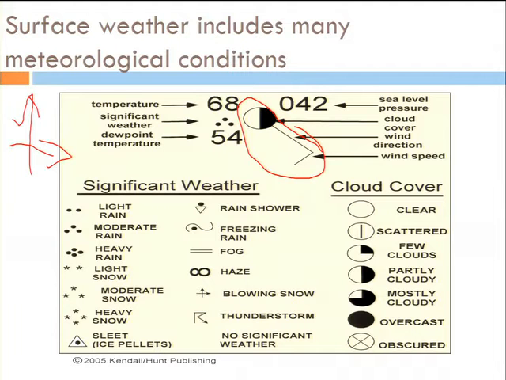What's going on in the circle is basically telling you what the sky cover is doing. So a half-filled circle is essentially partly cloudy skies. And you can actually see the cloud cover insignia down here.